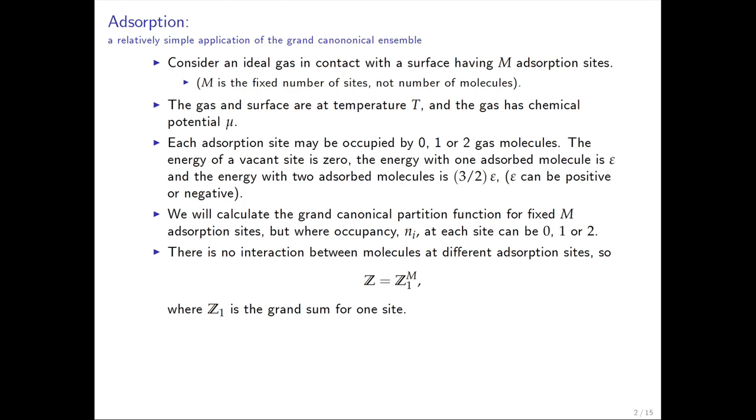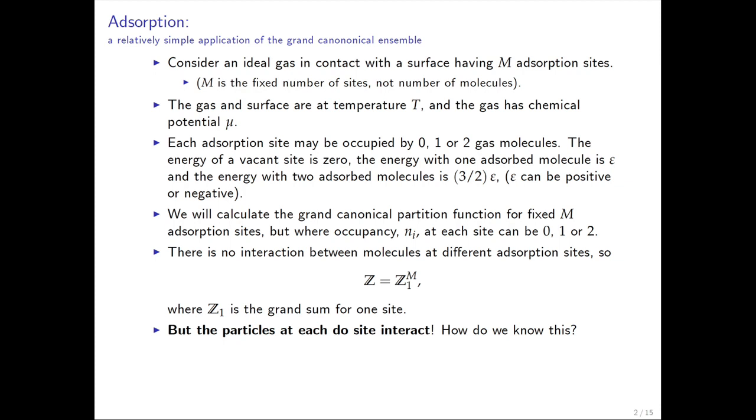So the grand canonical partition function, or grand sum, Z, will be Z1, which is the grand sum for one site, to the power M. That's the condition of no interaction between different sites. But the particles at each site do interact.